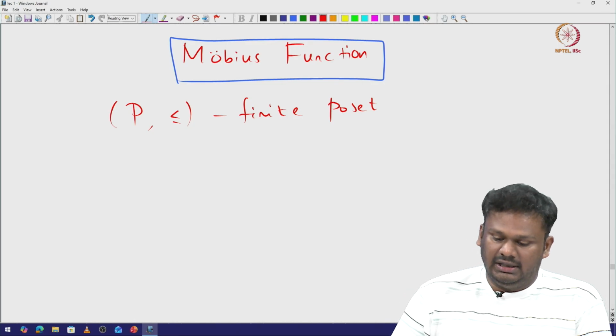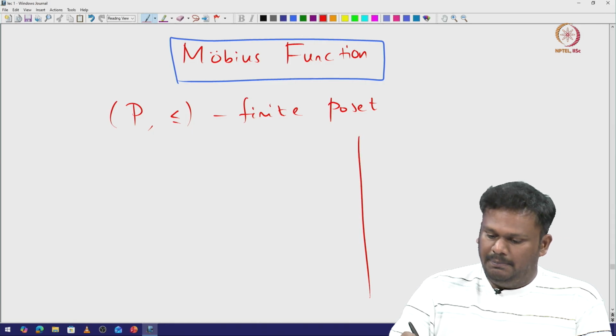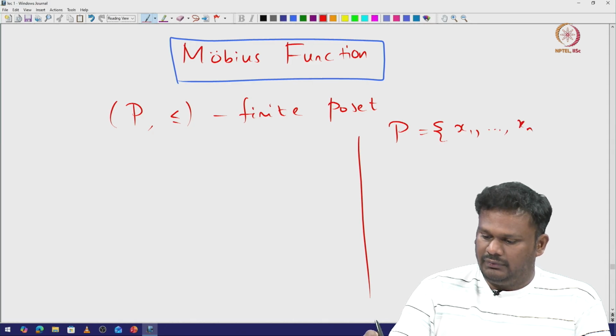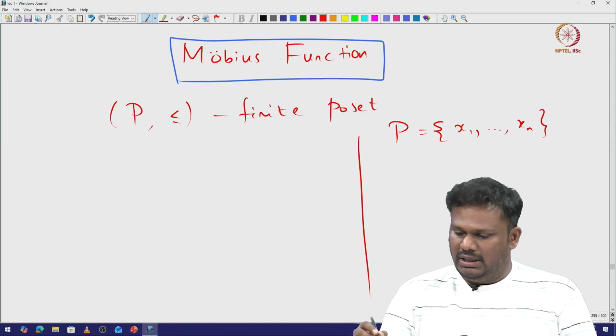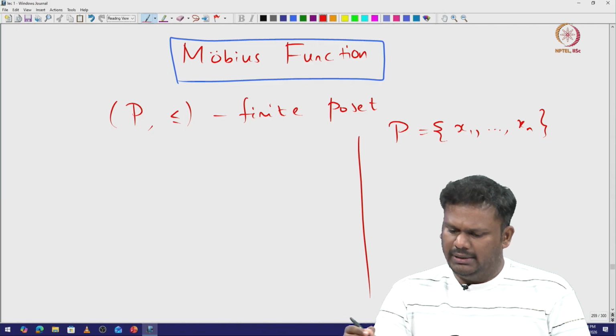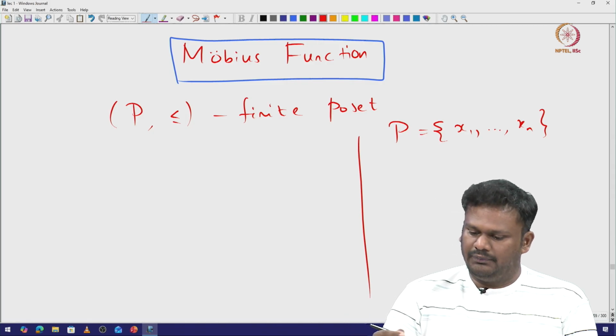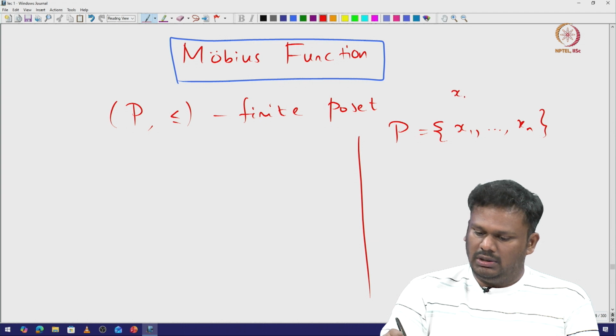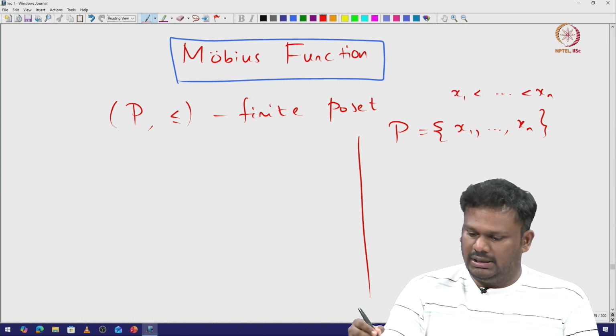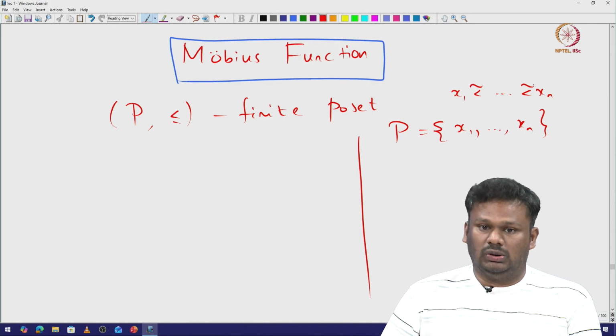In particular, we write P as x1 up to xn, where we order them using this total order on P. So, x1 is less than and so on, less than xn. That is the total order, and I will put a tilde here. This tilde is the total order.